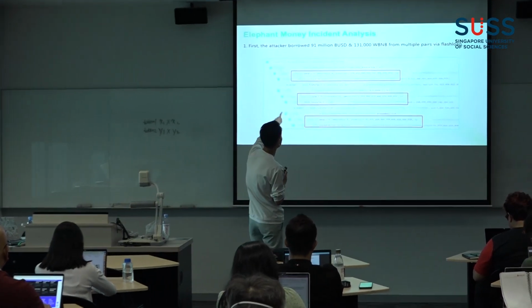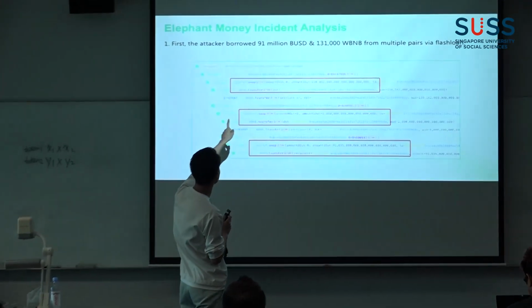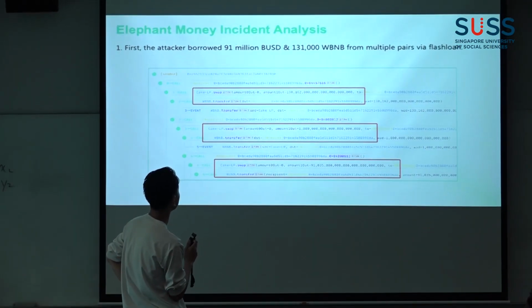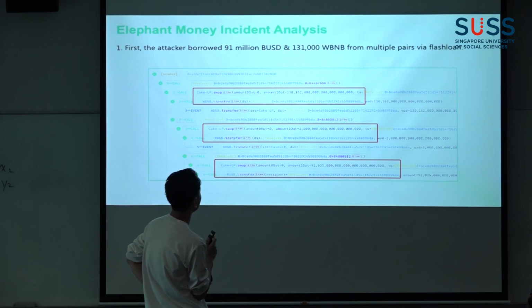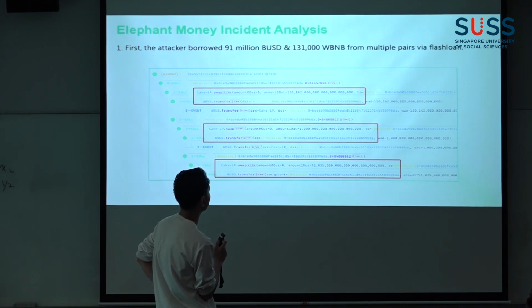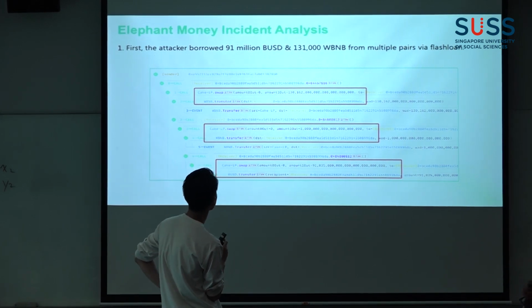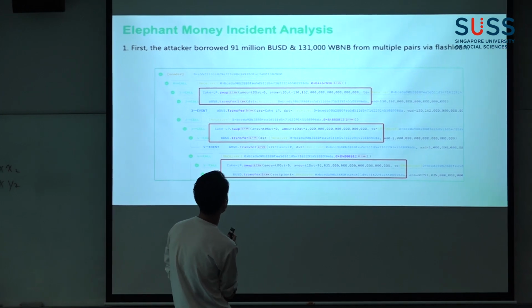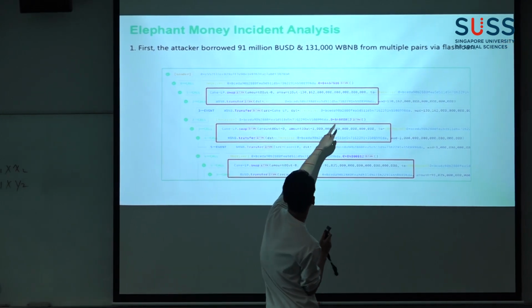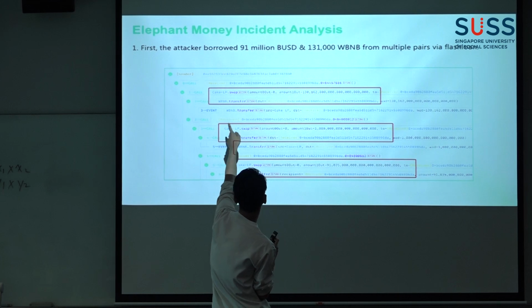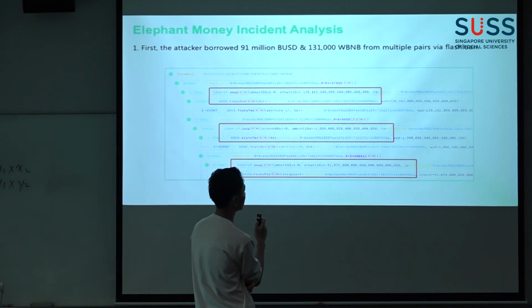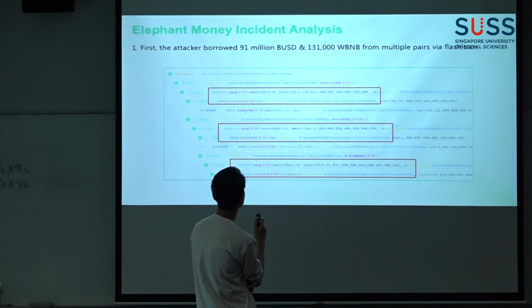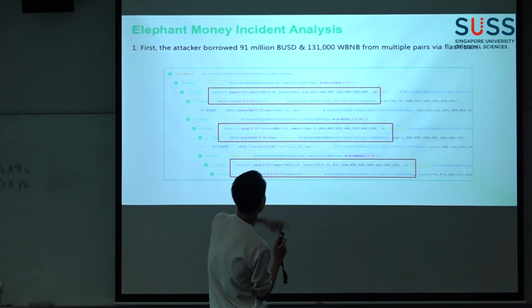So we can see that the attacker first borrowed 91 million BUSD and 131,000 WBNB. This is the WBNB it borrowed from the Cake LP pair. And this one is the BUSD he borrowed.